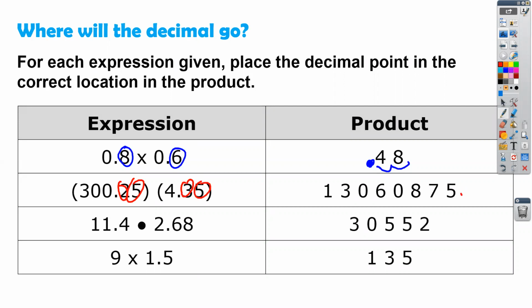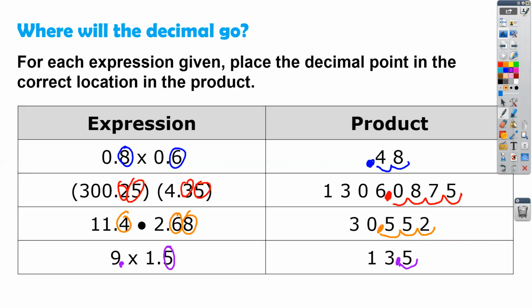So in my answer, I need 1, 2, 3, 4. So therefore, there goes my point or my decimal. Next problem, 1, 2, 3, 1, 2, 3. And lastly, there's only 1 because in 9, there's a decimal hiding right there since it's a whole number. So I only need 1 in my answer.